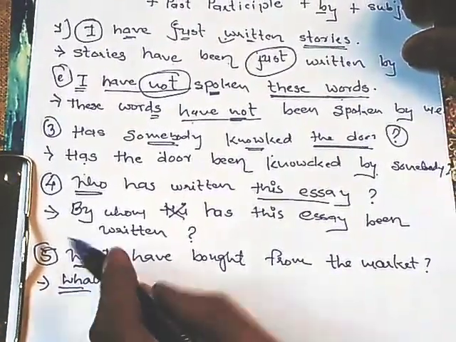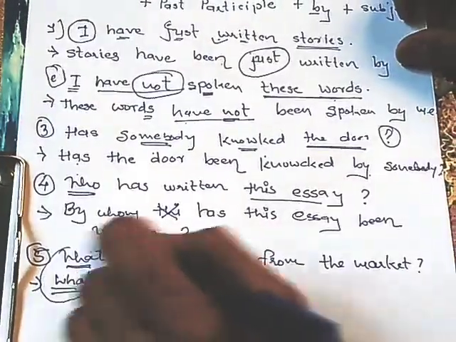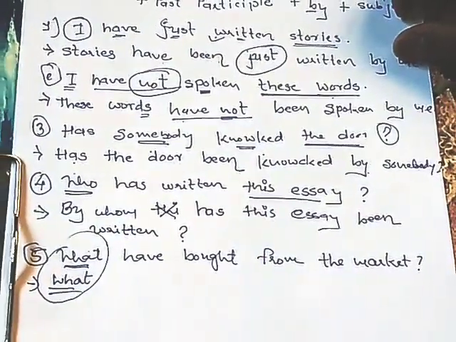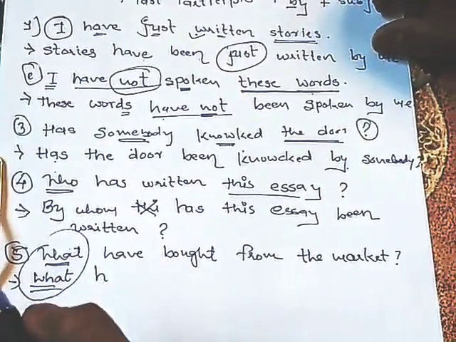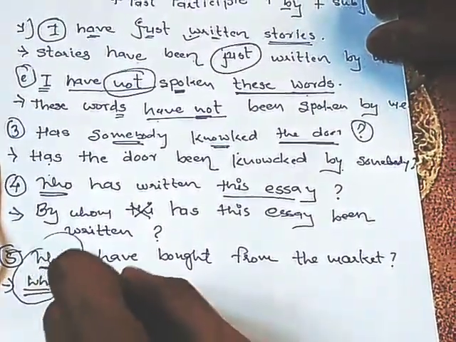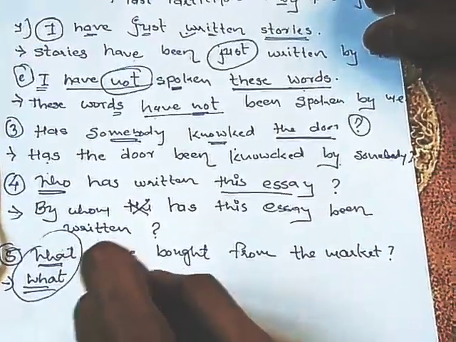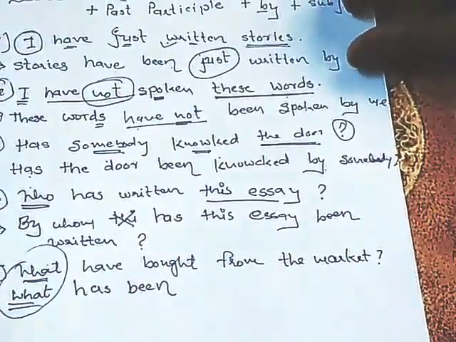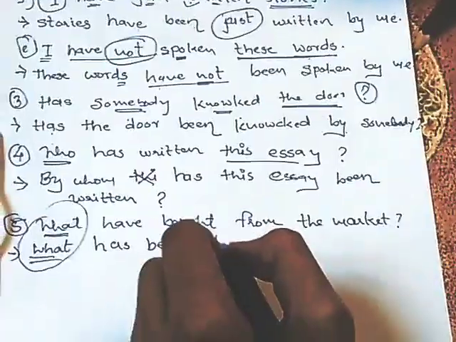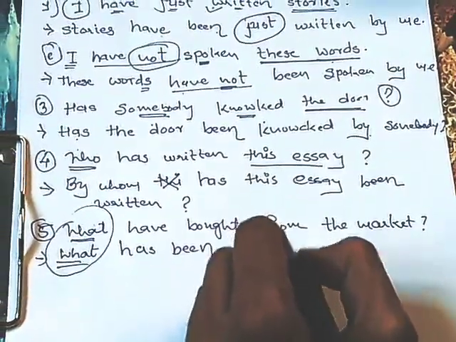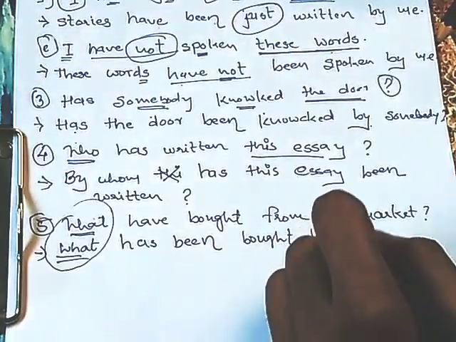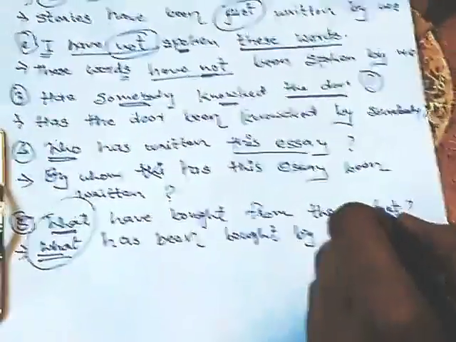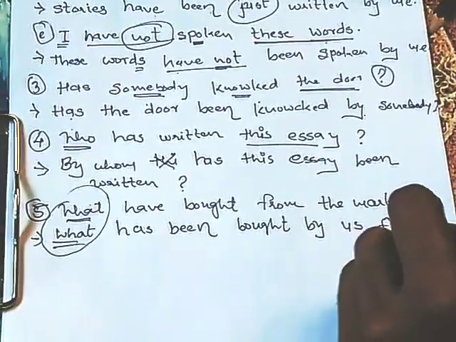These are the particular question words that will go along. Okay, what, then after that you have to put has been, what has been bought by us from the market.